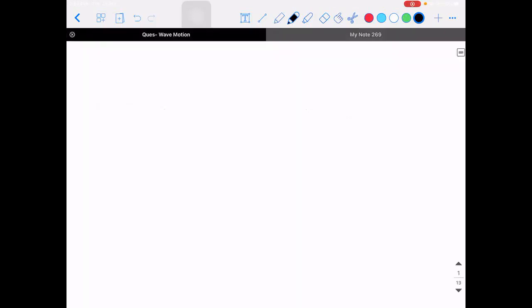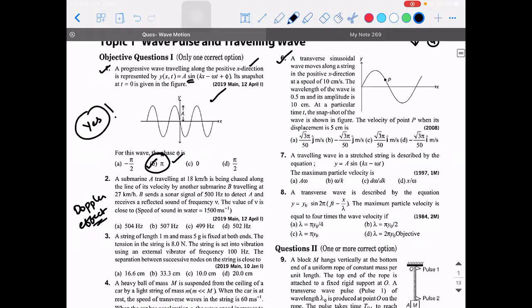Okay. Now listen. What are they trying to say? There is a transverse sinusoidal wave which moves along a string in the positive x direction at a speed of 10 centimeter per second. The wavelength of the wave is 0.5 meter and its amplitude is 10 centimeter. At a particular time t, the snapshot of the wave is shown in the figure.